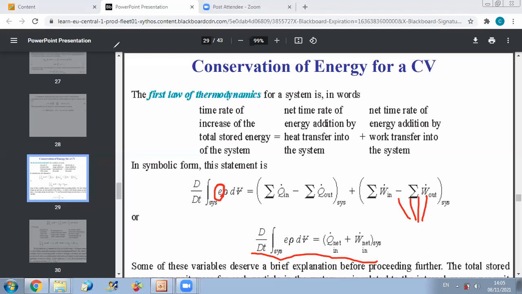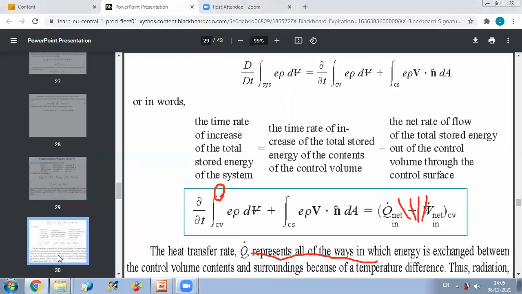Okay. So of course, we will not go deep into thermodynamics, because it's a fluid course, but I just want you to see the importance of the Reynolds transport theorem and how many applications it has. So for thermodynamic applications, they will be simple.